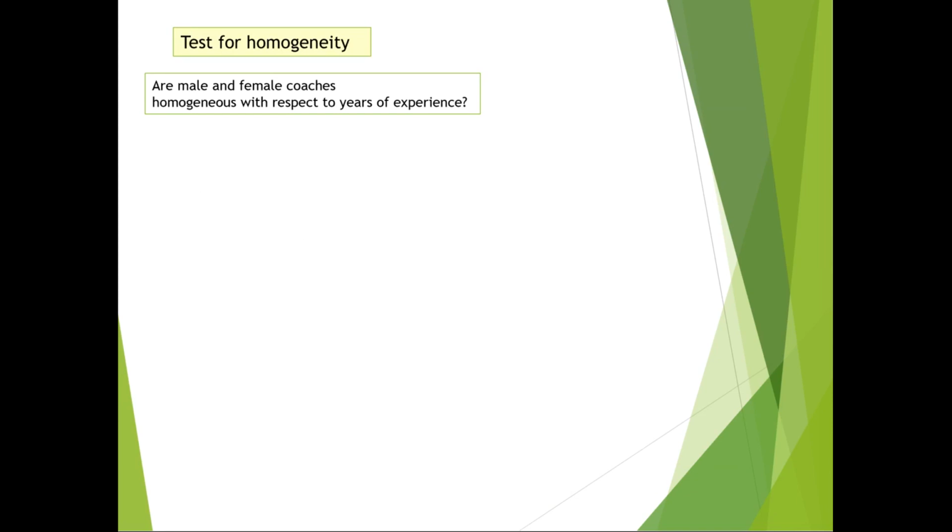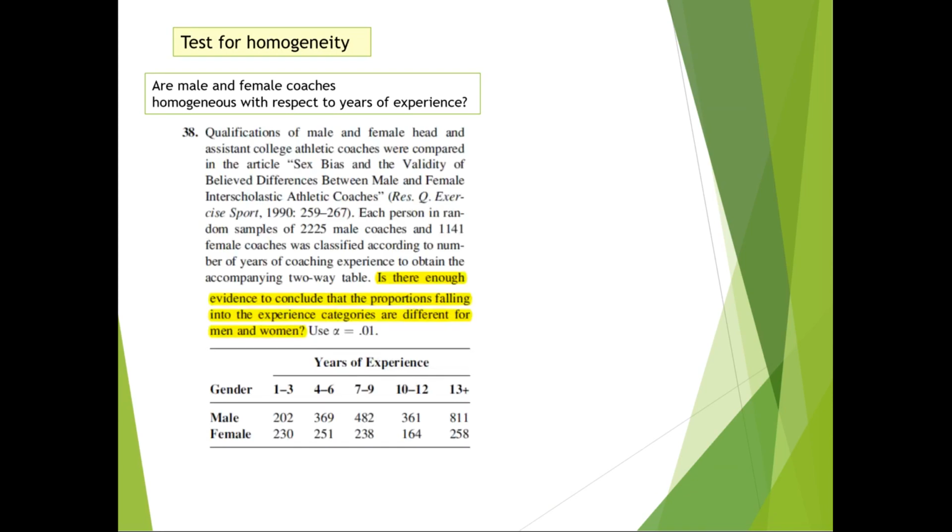Or, putting it differently, is the distribution of years of experience the same for male and female coaches? Now you can see these are sport coaches, and each person in random samples of 2225 male coaches and 1141 female coaches was classified according to number of years of coaching experience to obtain the accompanying two-way table. And here you have the table at the bottom.